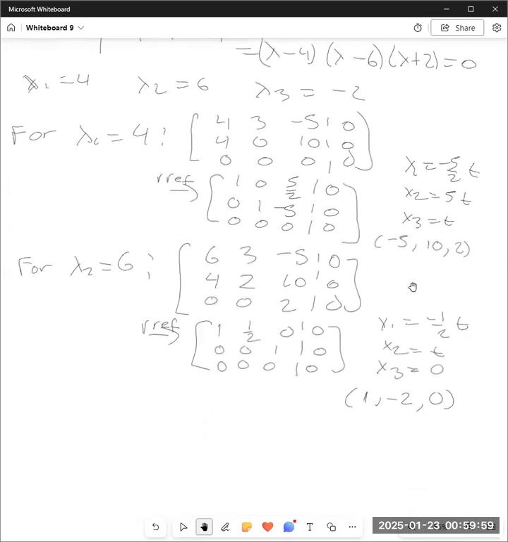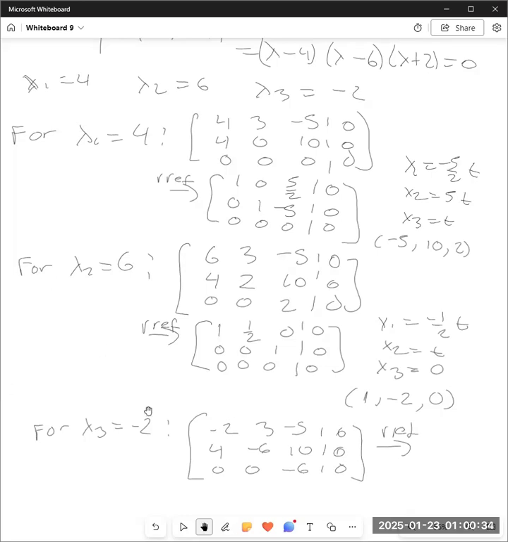And now we want to let lambda 3 be equal to -2. So I'm going to do that. I have -2, 3, -5, 4. -2 minus 4 is -6. 10, 0, 0, -2 minus 4 is -6. Augment this with the 0 matrix.